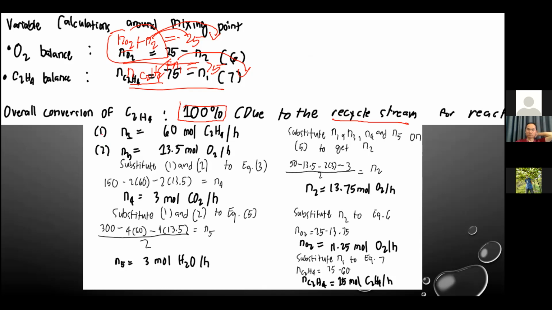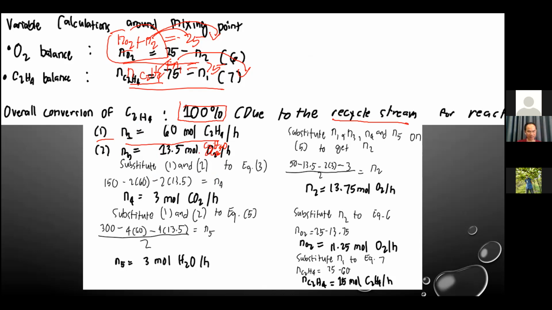Okay, so the next thing we do is solve the unknown variables. For equation 1, we just need to solve it to get the N1. I think for both equation one and equation two, you apply the atomic balance.